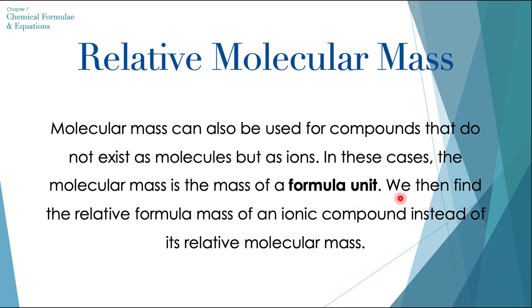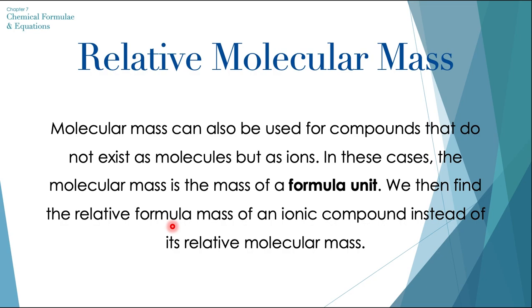We then find the relative formula mass of an ionic compound instead of its relative molecular mass. So to find the mass of compounds that do not exist as molecules but as ions, we find the formula mass, okay?